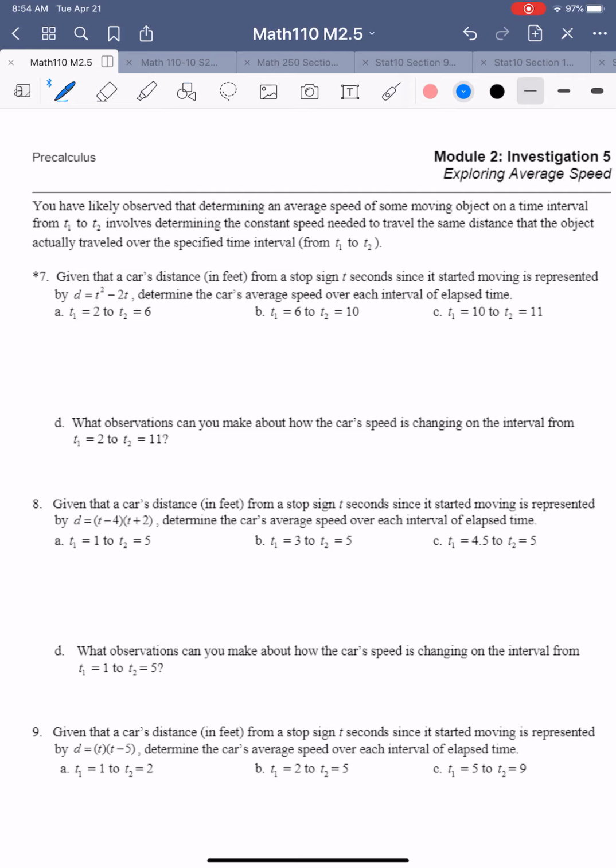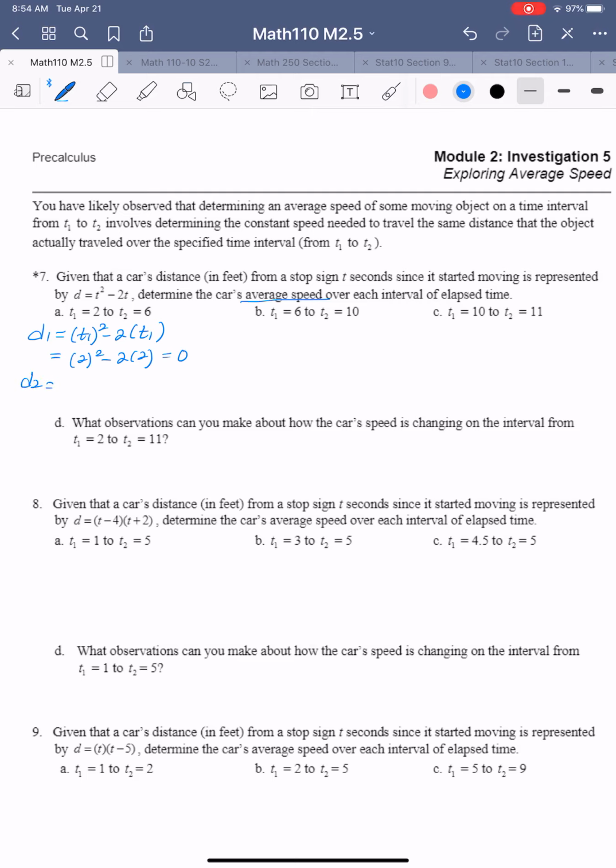So the average speed I want to call here is n. Before I do this, I just need to find the distance. So distance 1, using t1 is 2, is t1 squared minus 2 times t1, which is 2 squared minus 2 times 2, which equals 0.